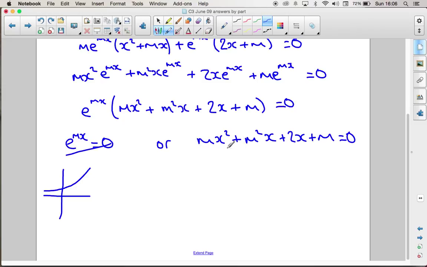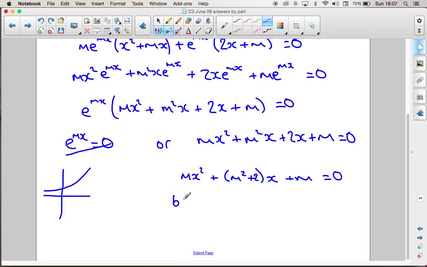However, this is essentially a quadratic. And to find the number of solutions in this, we can look at the discriminant. We don't need to solve the whole thing, we can just look at the discriminant.